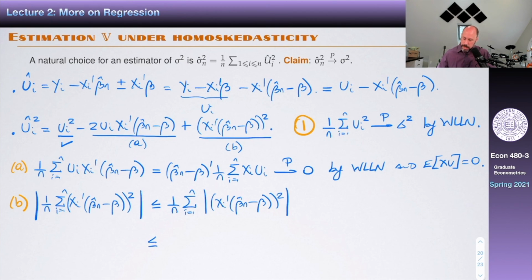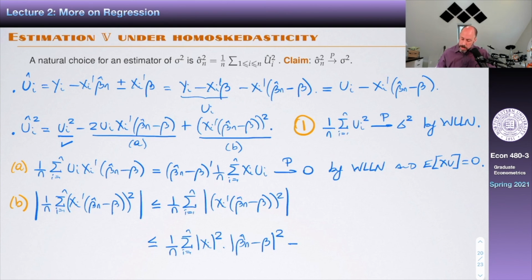And this is less than or equal to one over n, the sum from 1 to n of x_i squared times (beta hat_n minus beta) squared.